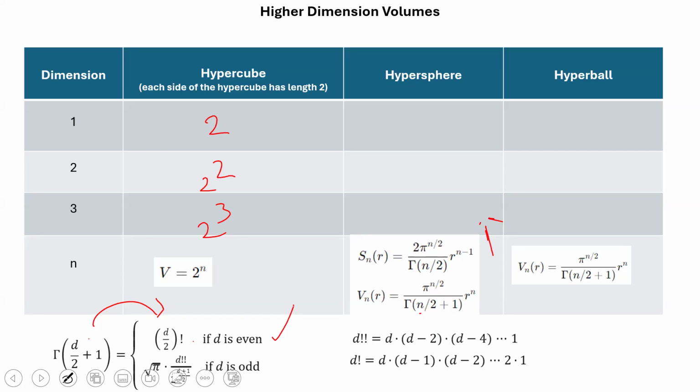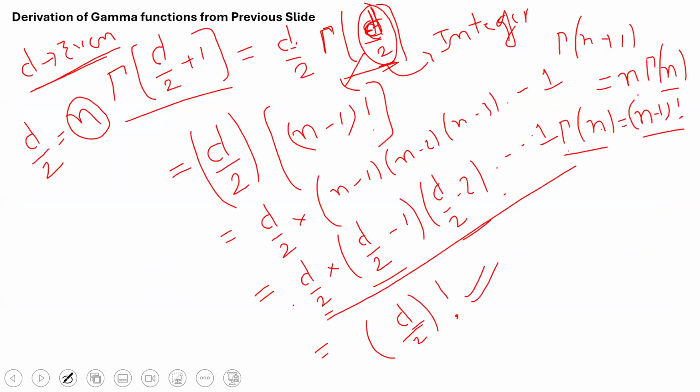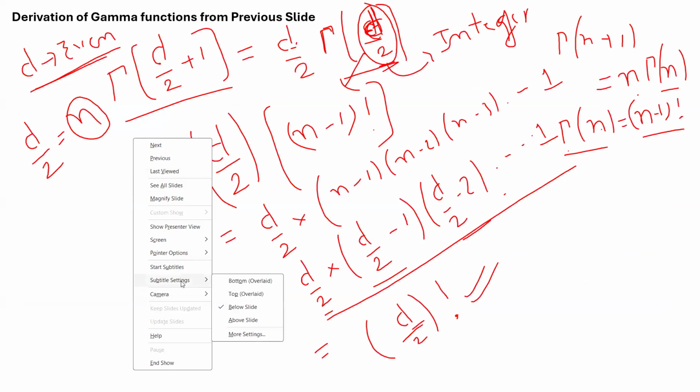Now we have to derive the second part: gamma of d by 2 plus 1 is equal to root pi into d double factorial by 2 to the power of (d plus 1) by 2, if d is odd. So now we have to prove that part. How does that look?